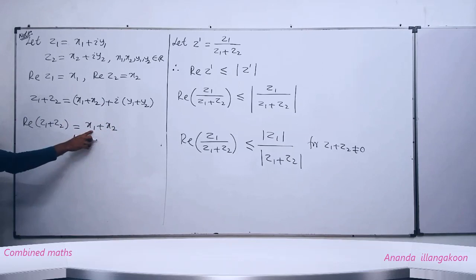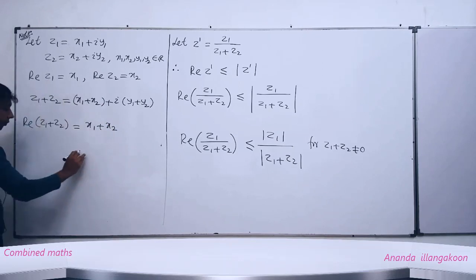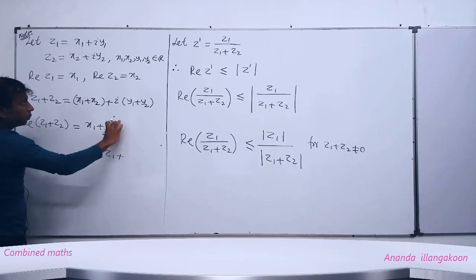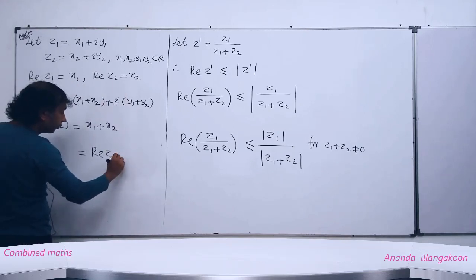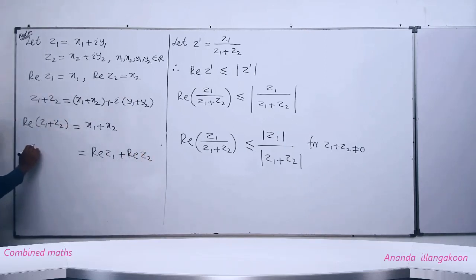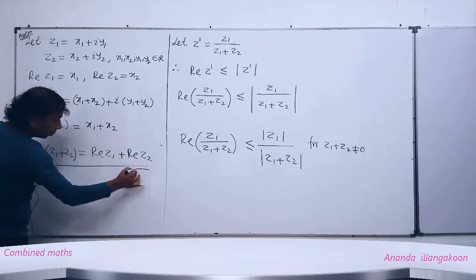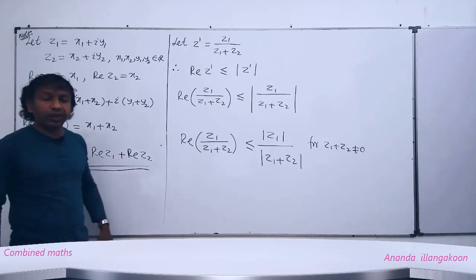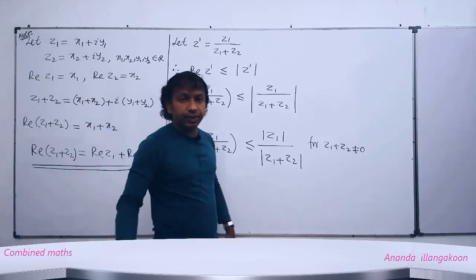What is it? x1, the real part of Z1, plus x2, the real part of Z2. And this is the real part of Z1 plus Z2. See here, this relation is very important to get the next answer.